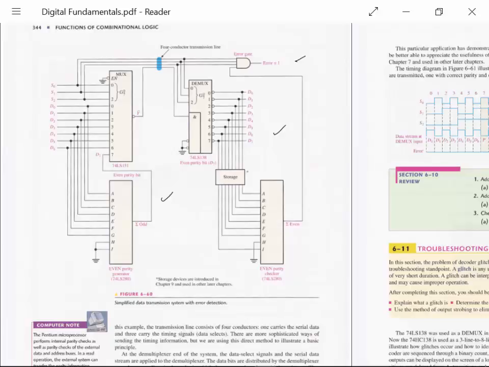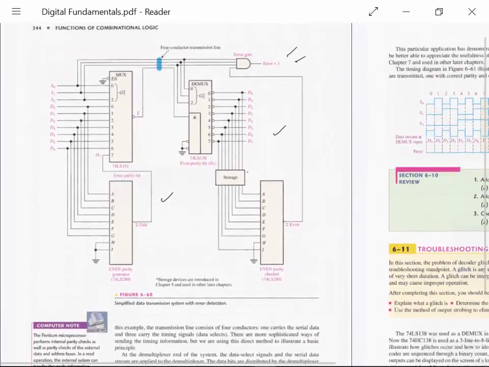Our transmission line is there. We're demuxing it on the other end, and we have our parity checking device that looks at our data and determines whether or not there's been a parity error. This happens to be using odd parity. If we get even parity at the other end, then we've got a problem.